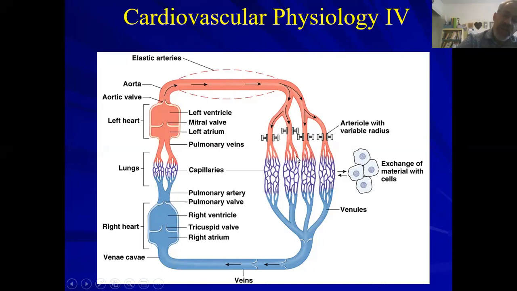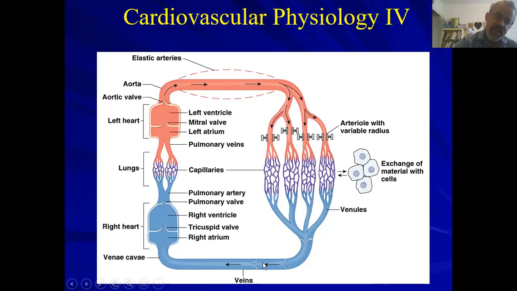After the oxygen is dumped off, and conversely, carbon dioxide from the cells moves into the blood, this is carried from the capillaries into small veins, which are called venules. And of course, this is blue because it's oxygen poor. From the venules, blood then travels through the veins, and you remember these valves, which are important in driving blood back to the heart.